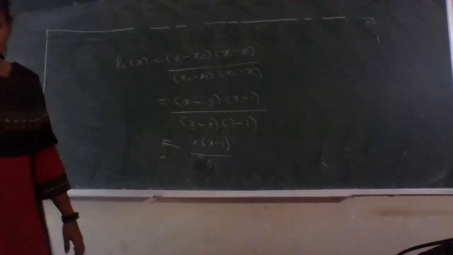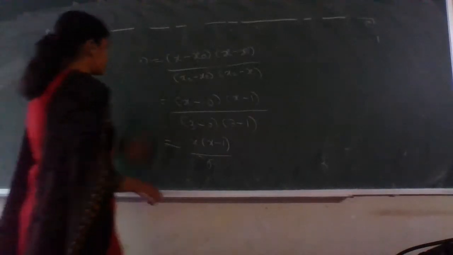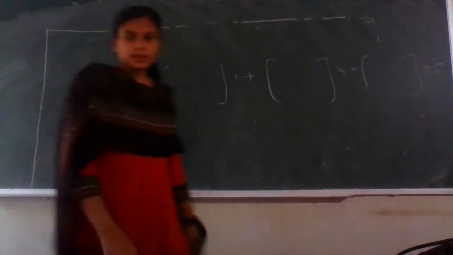Now let us put all those values into our equation, and that gives our polynomial P of x. P of x is equal to L0 of x into f of x0, which is f of 0, that is 1, plus L1 of x into f of 1, which is 3, and the last one is L2 of x into 35.